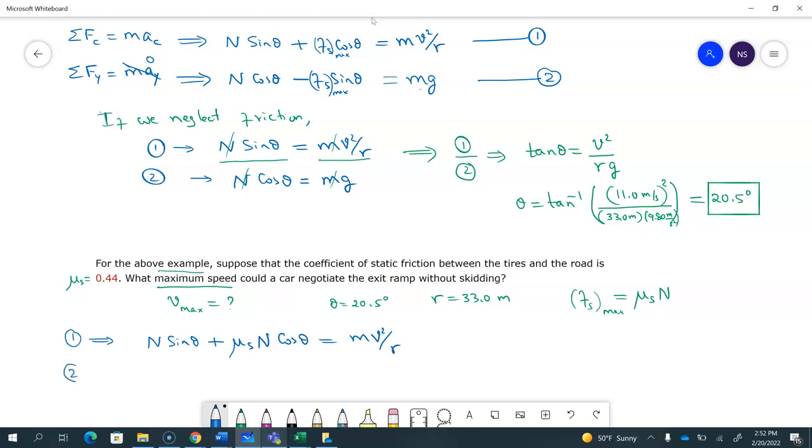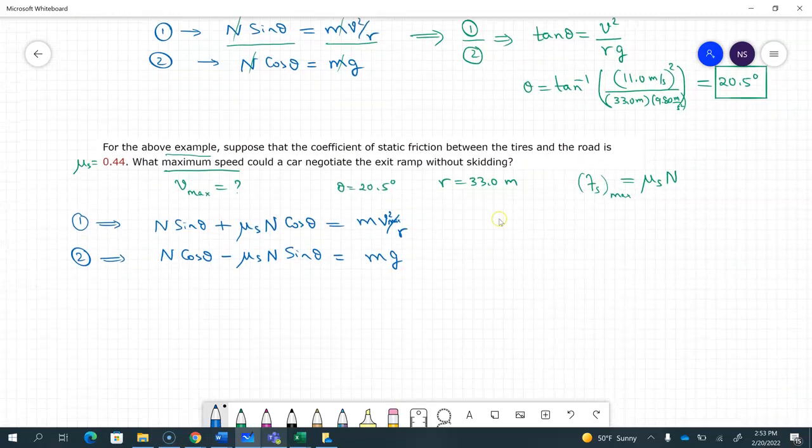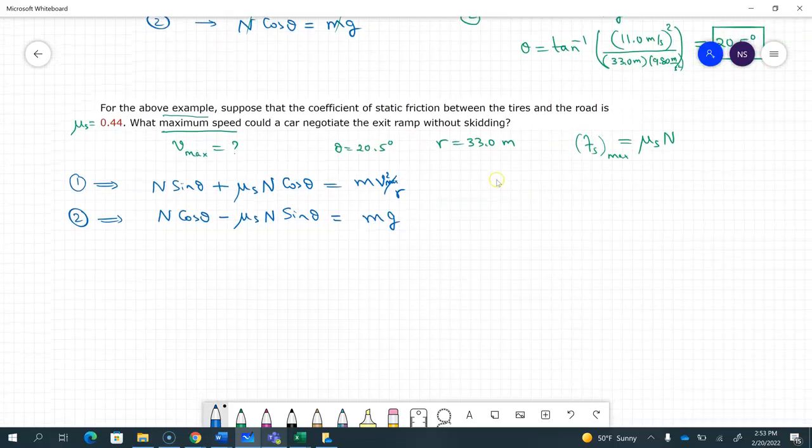And my second equation, doing the same thing, gives me n cosine theta minus Fs max, which is mu s times n, times sine theta equals mg. Okay, and what do we need from here? Well, I should have said V is Vmax, right? This corresponds to the max value of the speed, and that's what I'm trying to find out. So I need to play with these equations so I can solve for Vmax, right?